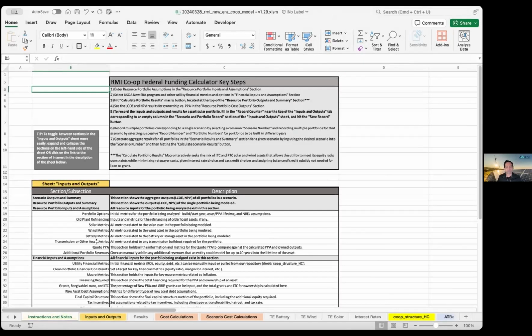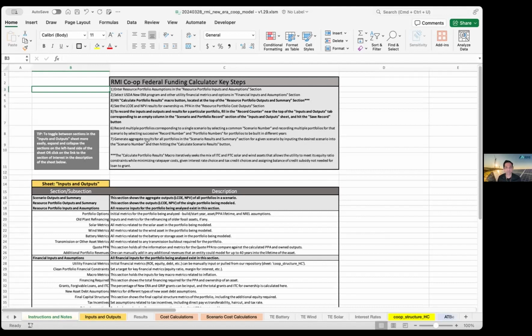First, I want to introduce you to the tabs in the tool that you'll need to know about. And really, there are three primary tabs in the Excel tool that are important for a user. First, I want to point you to the Instructions and Notes tab, where some basic instructions about how to use the tool can be found.